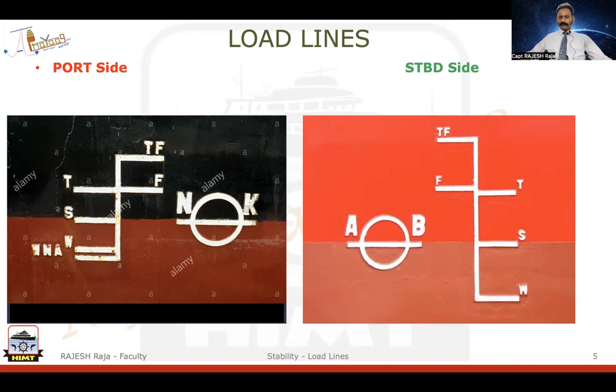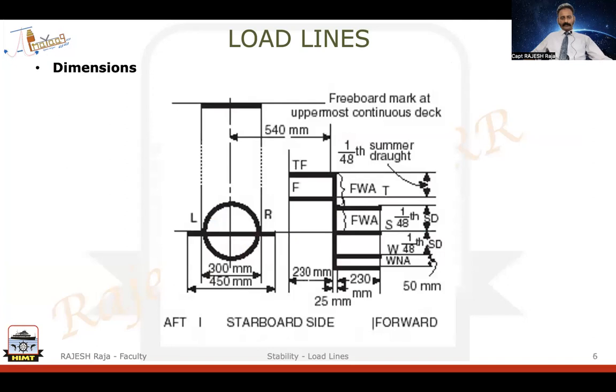You can see the letters NK and AB. They are talking about some classification societies. I'm not going into that, but generally this is how load line marks look. This is very generic. So I'm going to break these up and talk about each of them. So let us start off.